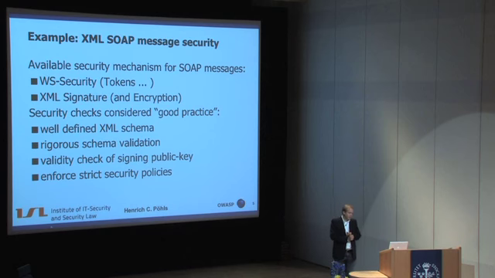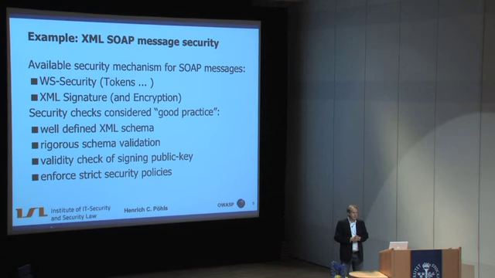So you have to define a really strict XML schema for your messages, which then also, of course, otherwise it's not helpful, needs to regularly be checked and validated. And only then, if this is actually a message that adheres to the schema, you will do the signature checking, and that also involves that you have to check the public key you're verifying with.